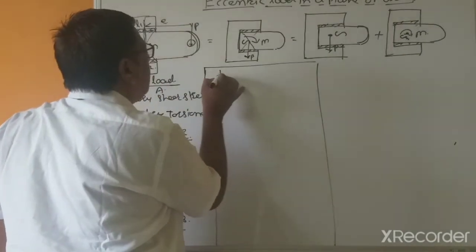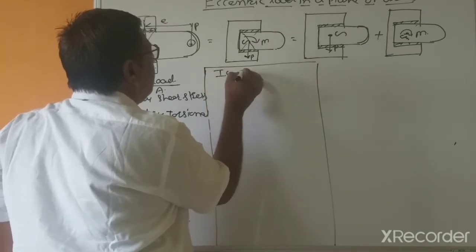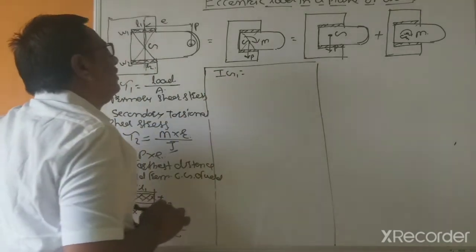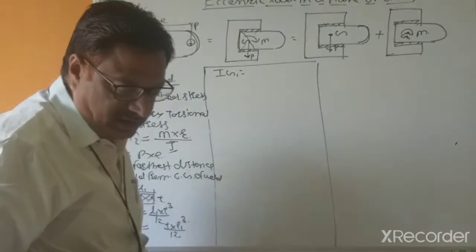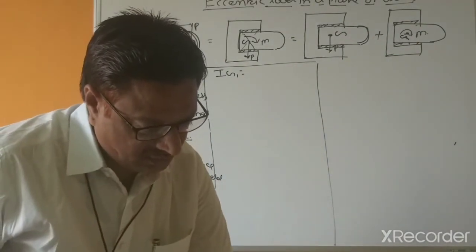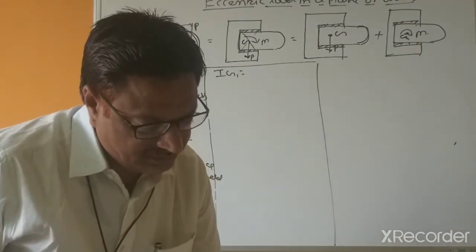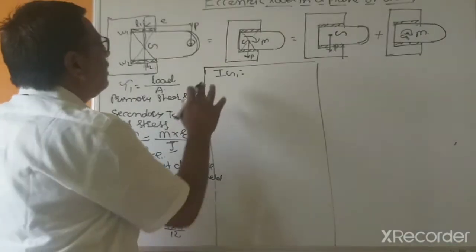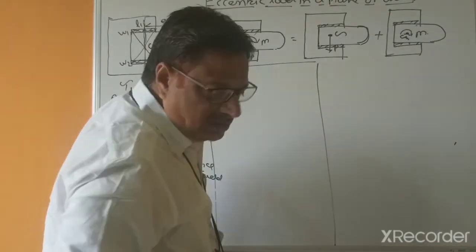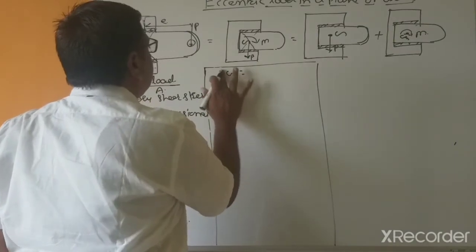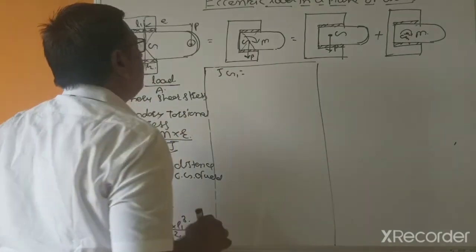You can consider this as notation Jg1 because this is polar moment of inertia.